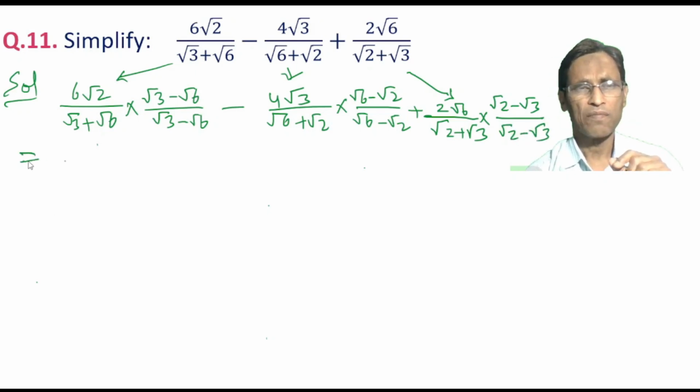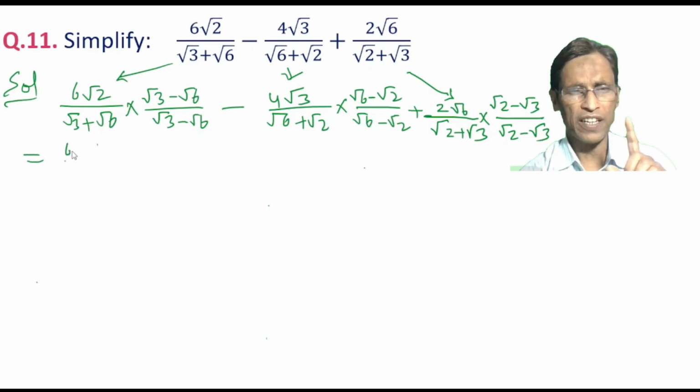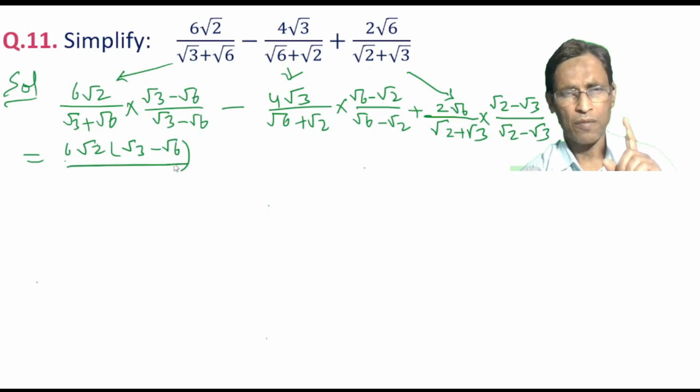After this, we get the product of each fraction. We get here 6 root 2 times root 3 minus root 6 and by root 3 plus root 6 into root 3 minus root 6 means root 3 square minus root 6 square and that is 3 minus 6.